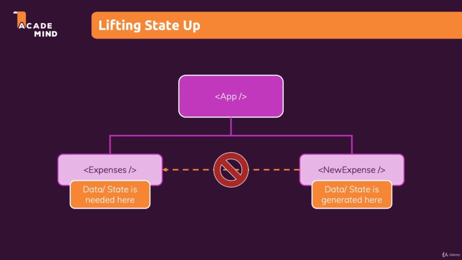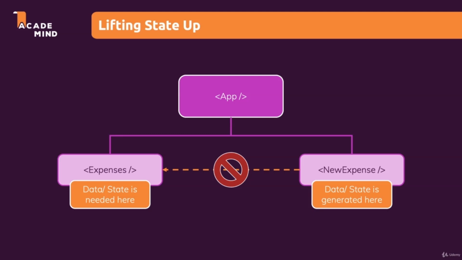But that doesn't work like this because we have no direct connection between two sibling components. Instead, as you learned by now, we can only communicate from parent to child and from child to parent.